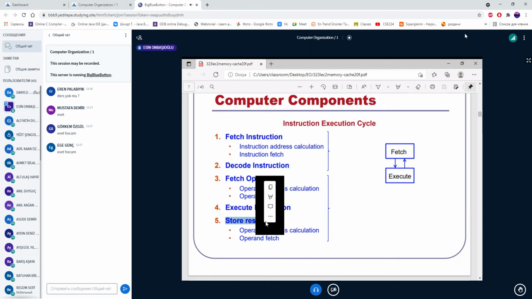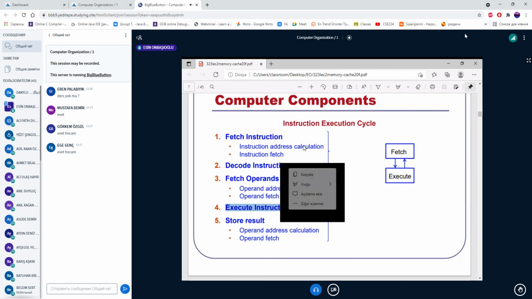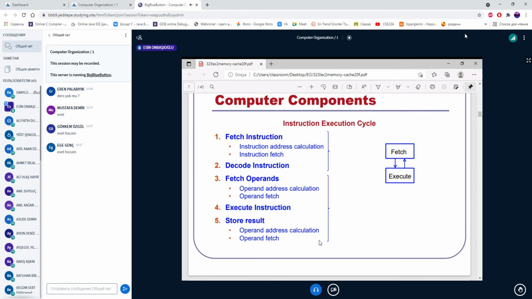But we said that in today's architectures, arithmetic logic units are very fast. There are many components that can operate at the same time, and operations can be done in a very fast way in the arithmetic logic unit. But in order to execute an instruction, you have to do 3 memory accesses.